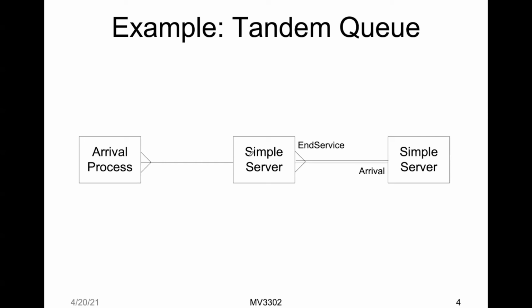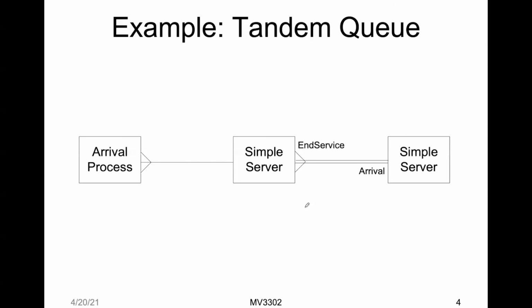But now, supposing we wanted to create a tandem queue, which is when you go from one to the next, and we're not worried about finite blocking or anything. Remember, in a simple server, the end service event was the last event that it had. In other words, the end service event corresponded to a customer leaving that server.